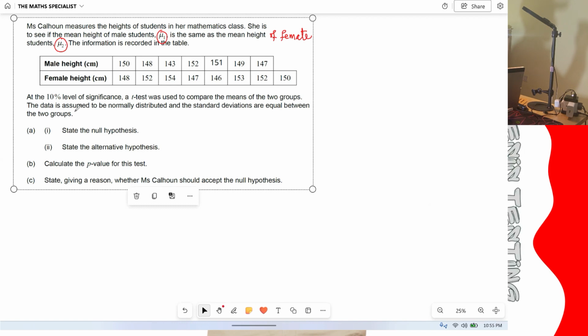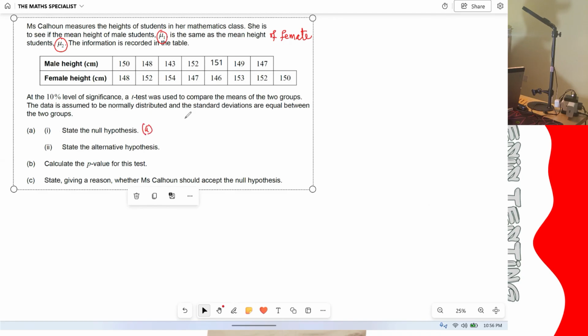The question continues by saying, at the 10% level of significance, a t-test was used to compare the means of the two groups. The data is assumed to be normally distributed, and the standard deviations are equal between the two groups. Okay, so part A of the question says state the null hypothesis. Of course, this is very simple.